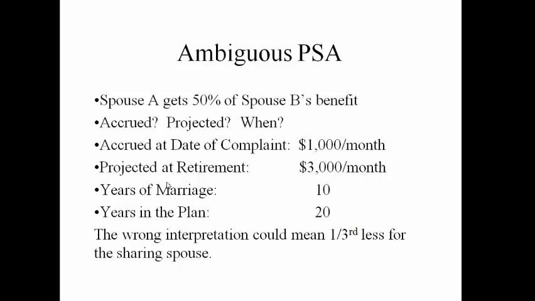And by the way, if we don't use projected at the date of complaint, but wait till the date of benefit commencement, that 3,000 could be 4,000 or 5,000, which means that if the order went through to the plan administrator as written, the plan administrator will be lost and might make a wrong decision. Might split the 1,000, might split the 3,000, or might split the 4,000 or 5,000, depending on the interpretation.